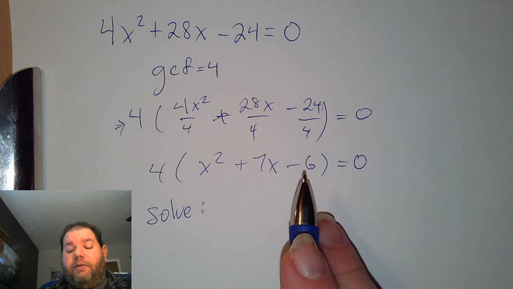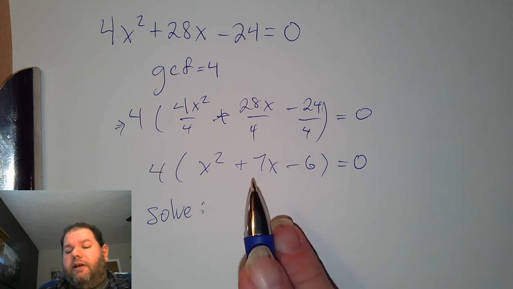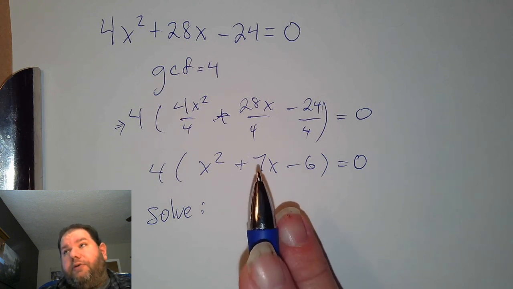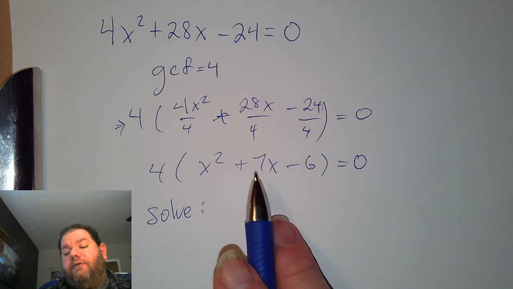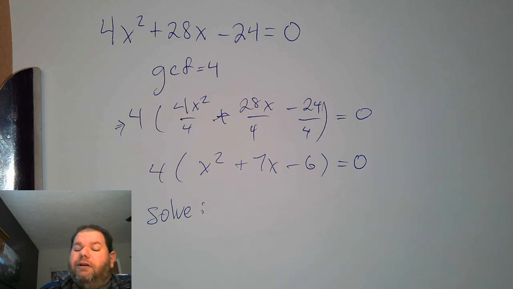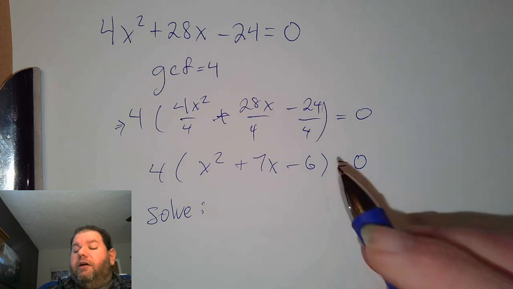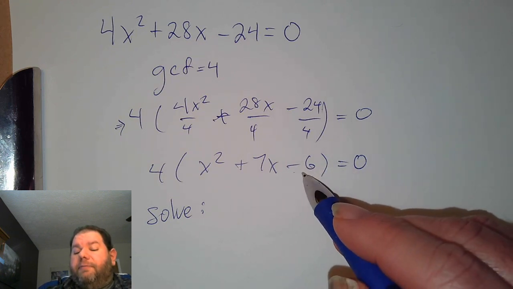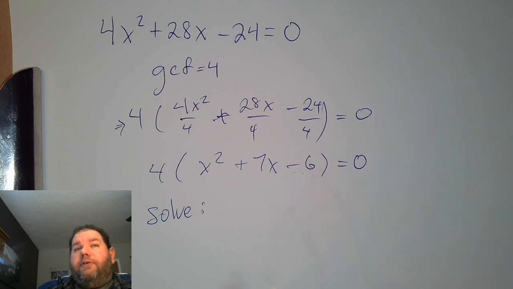But if we think about the numbers that multiply to negative 6, and whether there is a way to get a sum of 7 between a pair of those terms, it turns out we can't get a positive 7. Even if we use a negative 6 and a positive 1, that would be negative 5, or if we use positive 6 and negative 1, that would be a positive 5, but it wouldn't be positive 7. And so there really is no factorization for this trinomial.